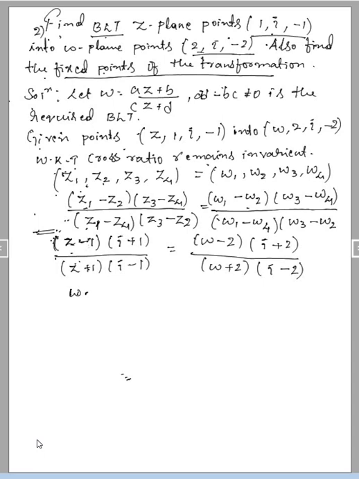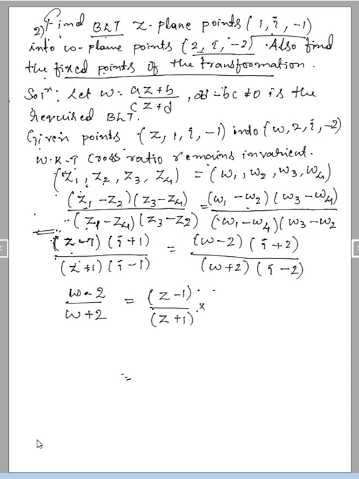It is quite different problem. So be careful while simplifying this. I will take out first W minus 2 divided by W plus 2 in the right hand side. I will shift the remaining terms to left hand side. That will be of the form Z minus 1 by Z plus 1.